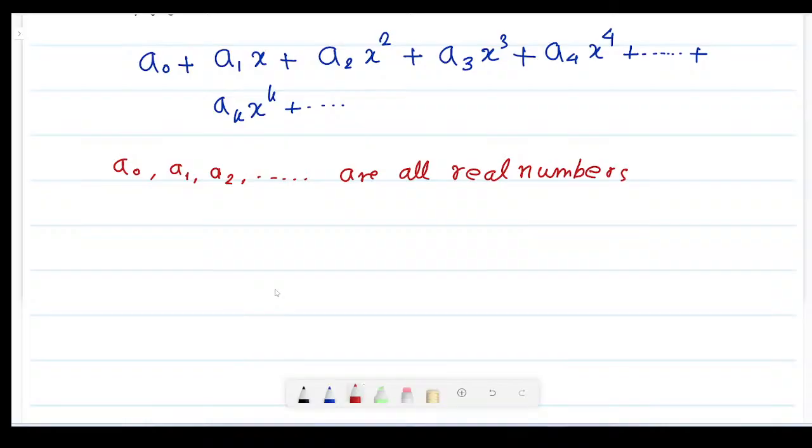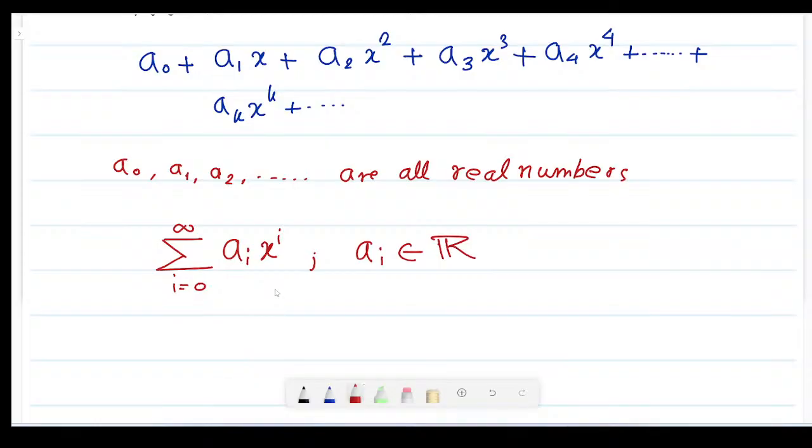That means the above expression can be written as the sum of ai x to the power i, i is 0 to infinity, where the ai all belong to the real number set.